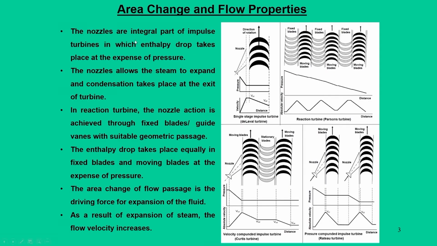This is what I have explained here. For impulse turbines, nozzles are the integral components. For reaction turbines, nozzle action is more important and is achieved through fixed blade or guide vane arrangements.